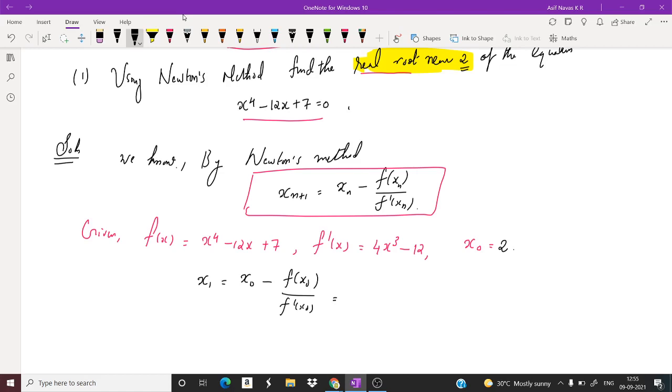So x naught is 2. 2 minus f of x naught, sorry, f of 2. That is 2 raised to 4 minus 12 into 2 plus 7 divided by 4 into 2 cube minus 12.